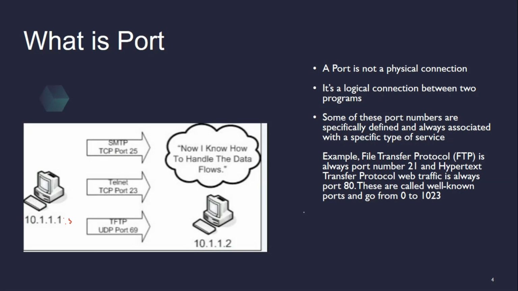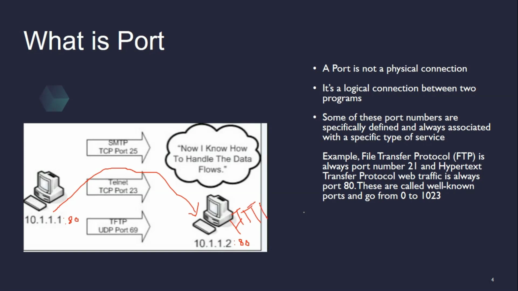I'm just giving the example for HTTP, so it will add 80. This information will pass and reach the destination device. Once it is sent, if it is an HTTP connection, after the IP address it will add 80, so that the system will recognize this is port number 80, and this traffic is HTTP traffic.